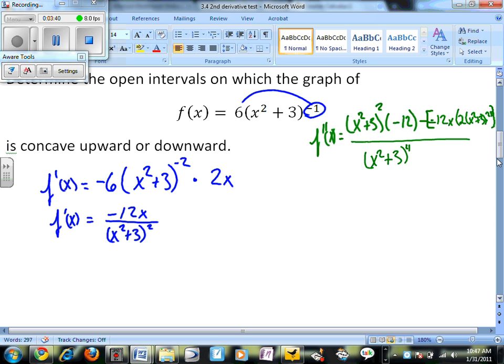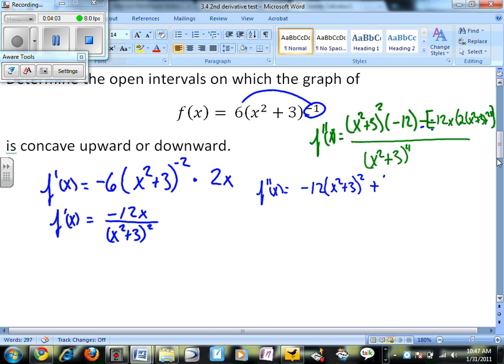All right, so we have some simplifying to do. Let me clean this up a little bit. My f double prime, my second derivative, is going to equal negative 12 times x squared plus 3 squared, minus, actually it's going to be a plus because I have a minus times a minus, so plus.